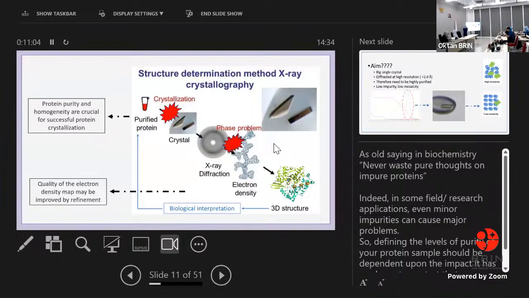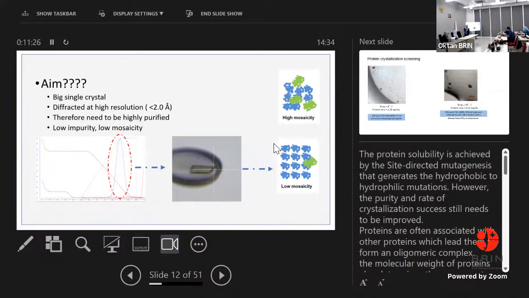In the meantime, to get a good structure analysis, we have to adjust or analyze the electron density map to get a high quality structure.